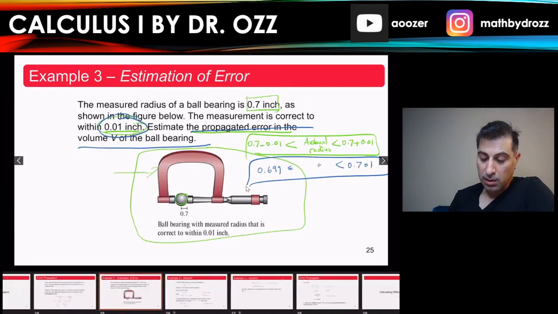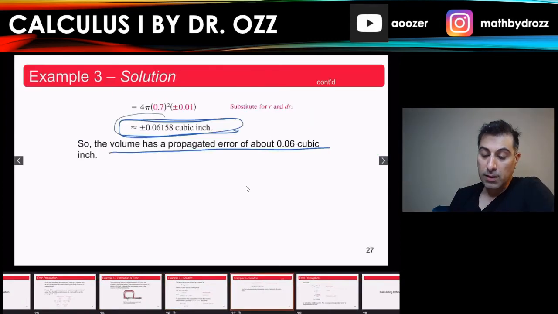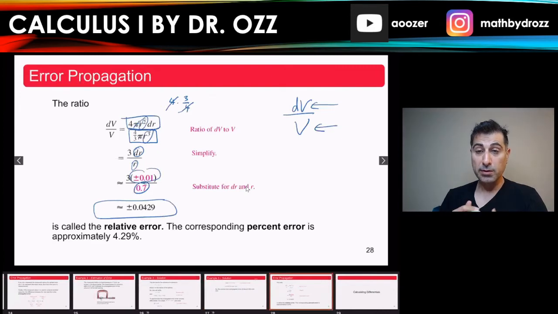We found that the volume has a propagated error of 0.06 cubic inch. This doesn't really tell us much because of the units. So to get the units out of the way, we should look at the percent error, because that's more important for seeing how big the error is.